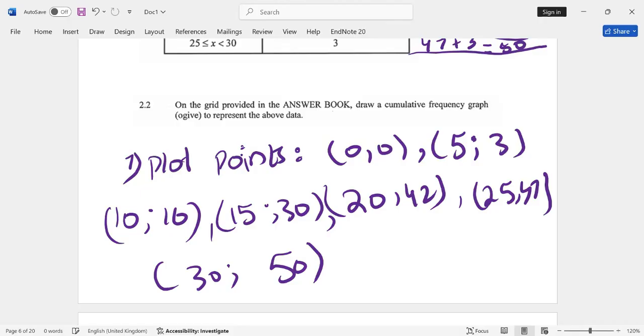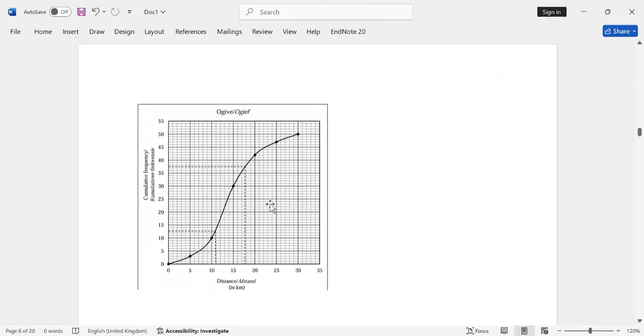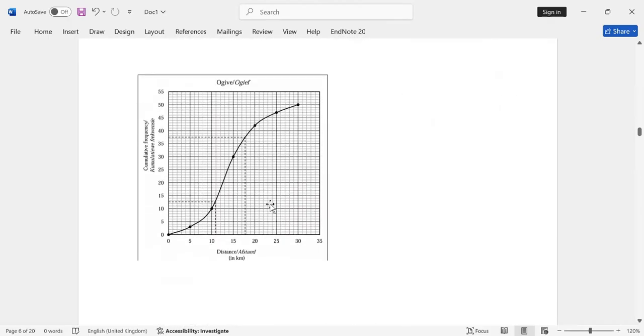Okay, so the graph is plotted with a smooth increasing curve that is to be shown like that. Okay, this is how we draw the graph.